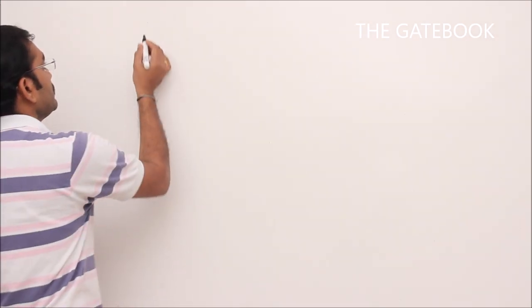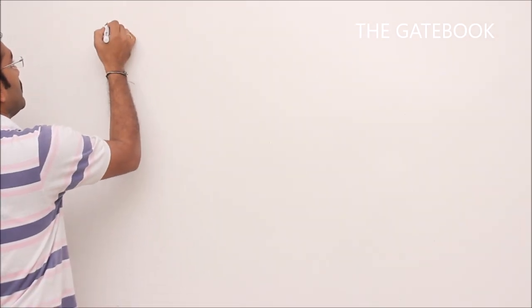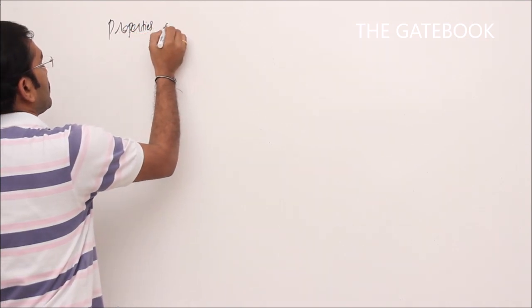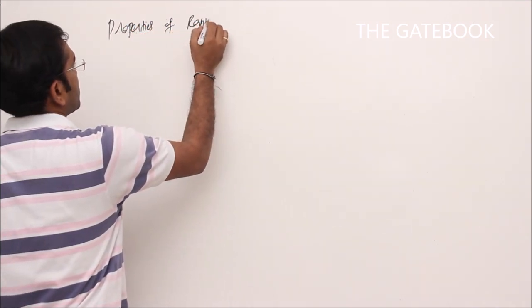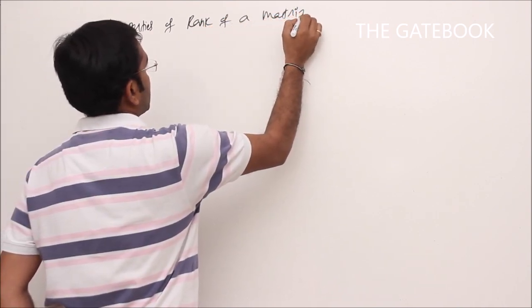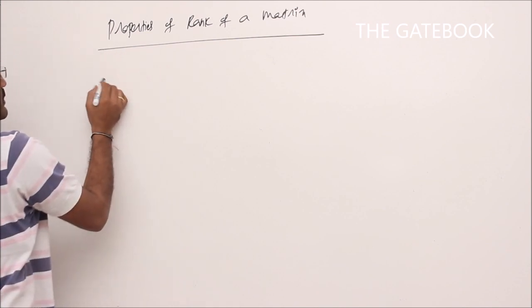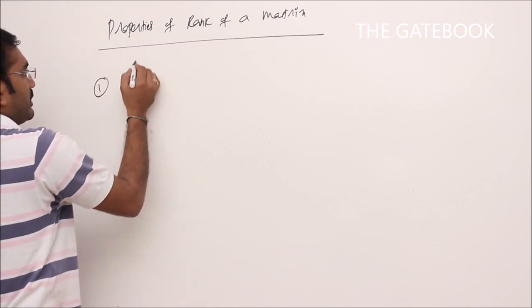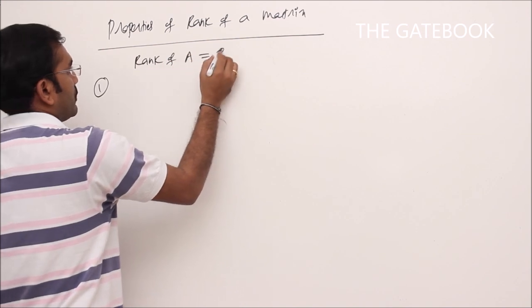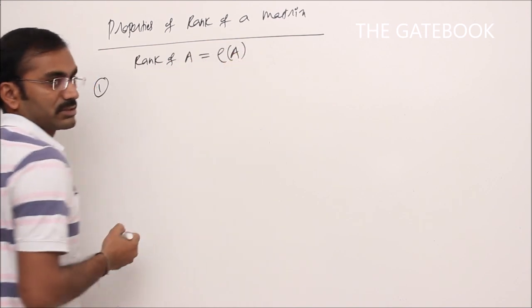Now I will give properties of rank of a matrix. First property. So I can denote rank of A by rho of A. That is the notation.